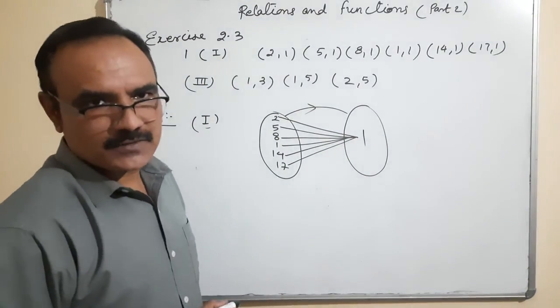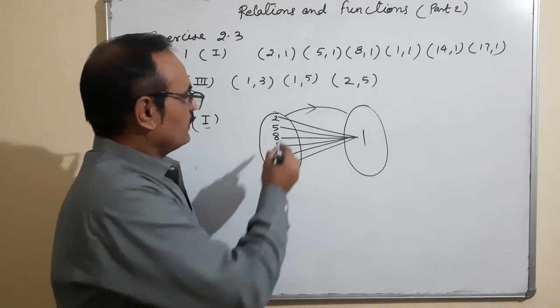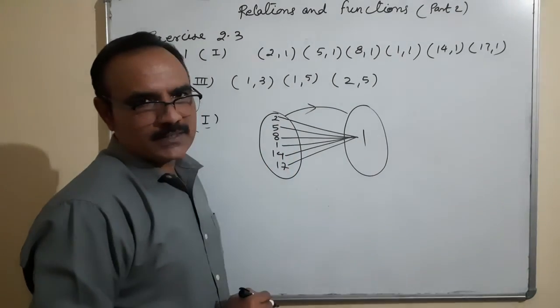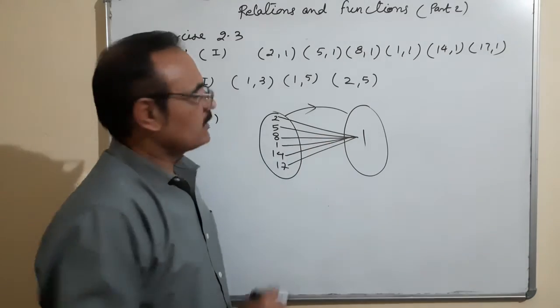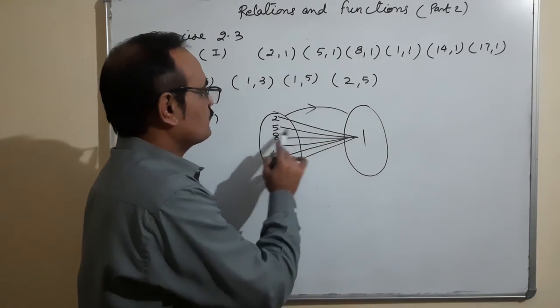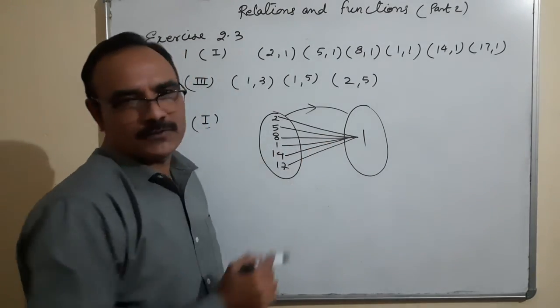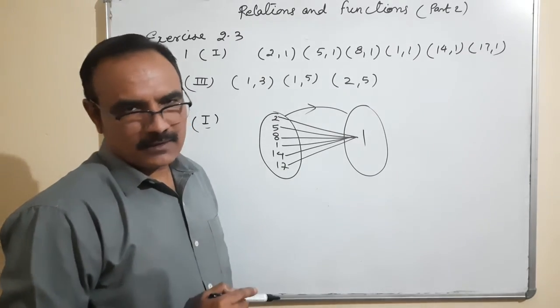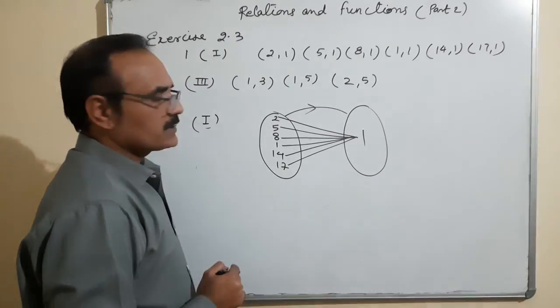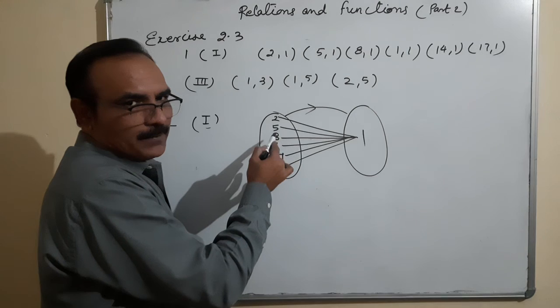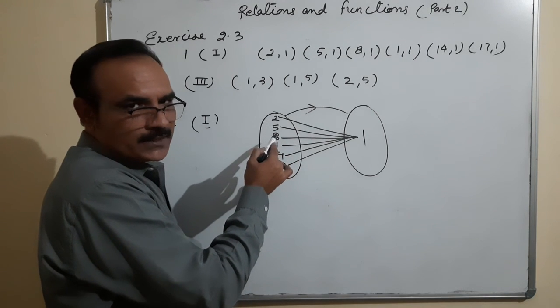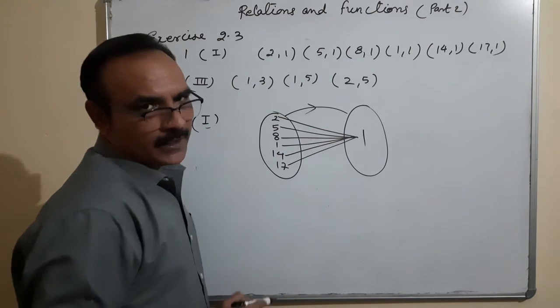Yes, this relation is a function because each and every element from the domain set has a unique image. 2 has image 1, 5 has image 1, 8 has image 1. What does it mean? Every element from the domain set has one and only one image.